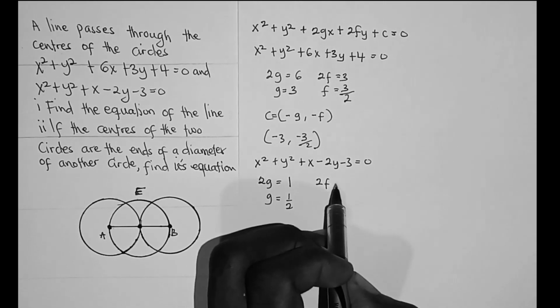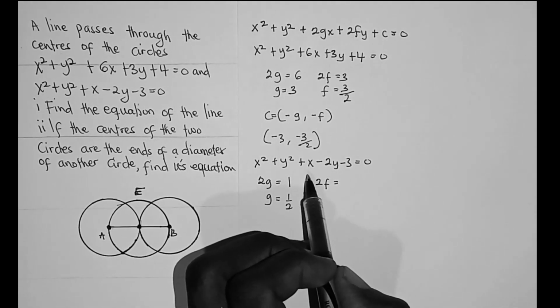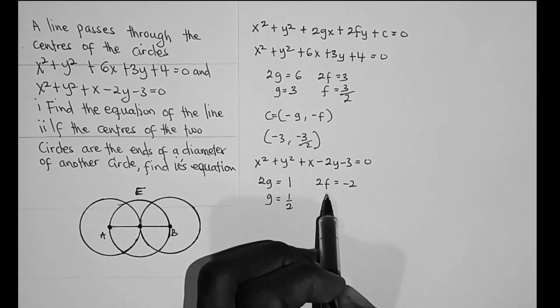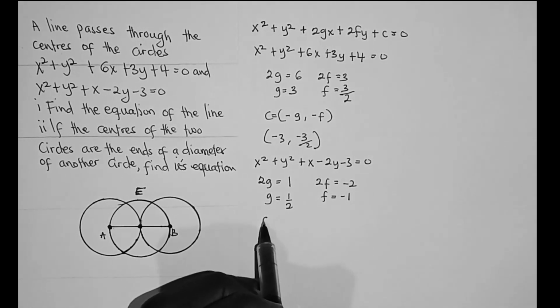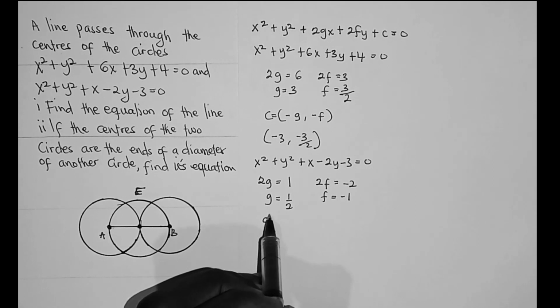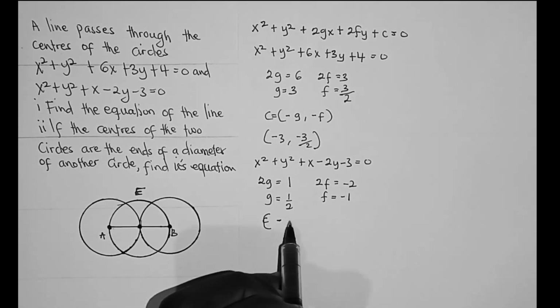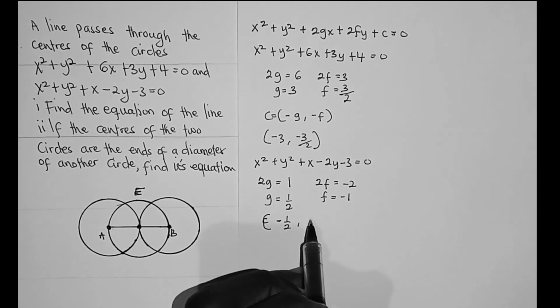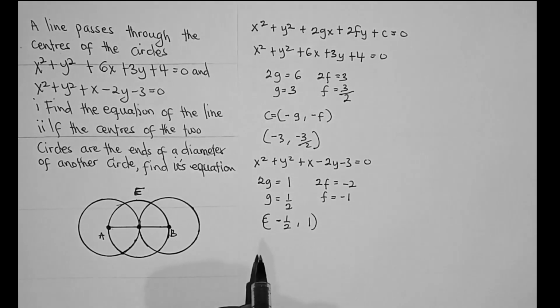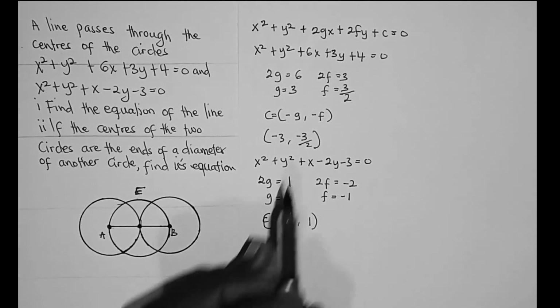And then 2f is equal to minus 2, f is equal to minus 1. So the center of the second circle is (minus 1 over 2, 1), because minus minus 1 will give you 1.